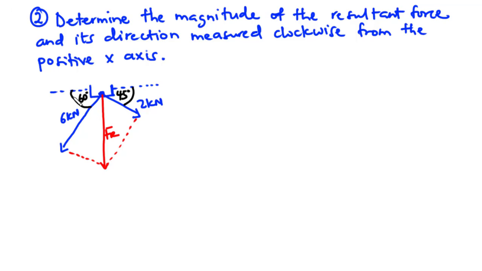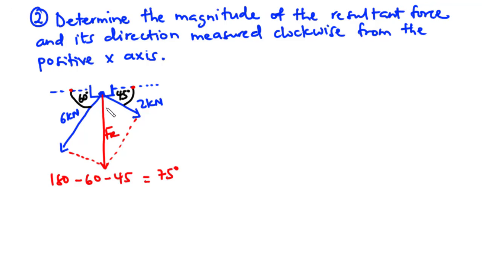Now the angle from this point to this point is 180 degrees. You know that the angle on the straight line is 180 degrees. Now to find the angle between these two forces, then it's going to be 180 minus 60 degrees minus 45 degrees, and this is equal to 75 degrees.